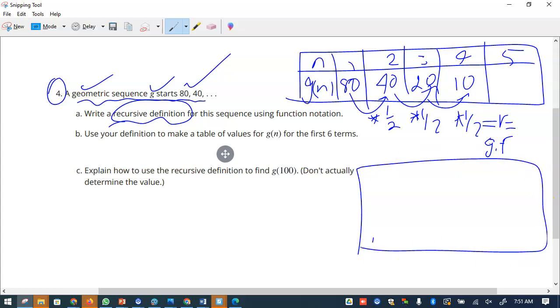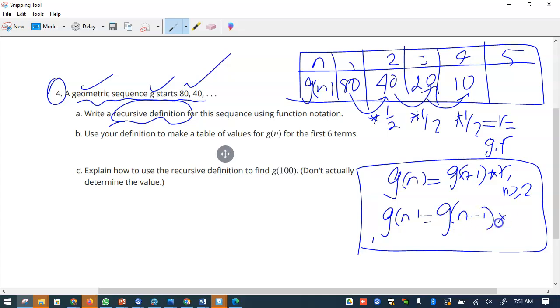The recursive formula is always G_n, any term, is G of the previous one, and then you multiply by the ratio r, for n greater than 2. So we write G_n is G_(n-1) times the ratio, which here is half, and this is for n greater than 2. But what about n equals 1? You have to mention that the first one is 80. So this is the right way to write the recursive definition.